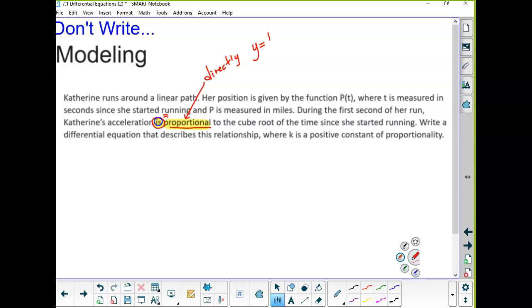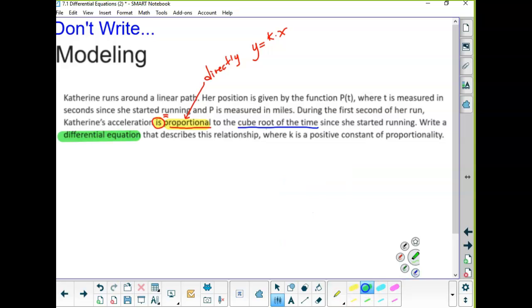So I'm thinking it's going to be something like y equals k times x, where k is that constant. But what is it proportional to? Acceleration is proportional to the cubed root of the time since she started running. Write the differential equation that describes this relationship.